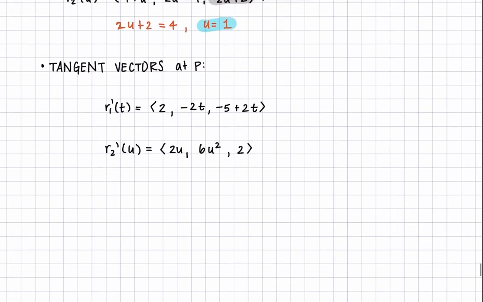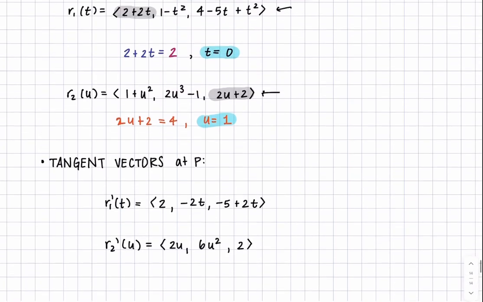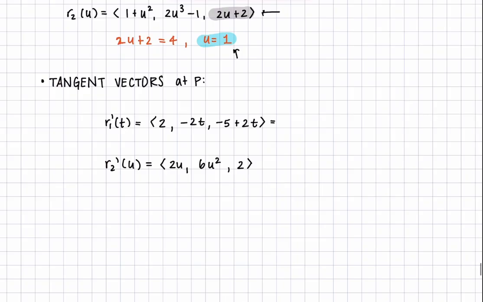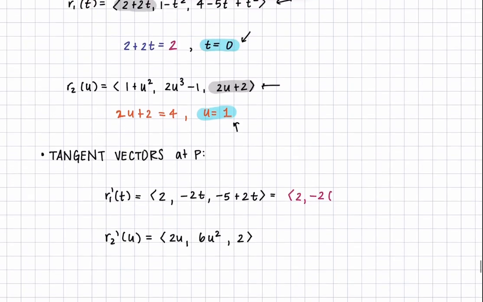Okay. Now that we have our tangent vectors, we need to get them at P. To get them at P, we're going to be using our parameters, plugging in 0 for t and 1 for u. So we have 2, negative 2 times 0, negative 5 plus 2 times 0 again, and we're going to get (2, 0, -5).